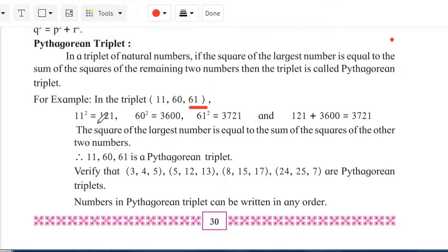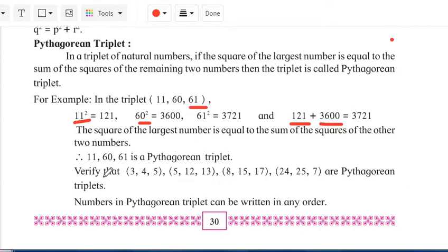Then 11 square is 121, 60 square is 3600, and we have to add these two, that is 11 square plus 60 square. 11 square is 121, 60 square is 3600, and this comes to be equal to 61 square, and therefore the square of the largest number is equal to the sum of the squares of the other two numbers, and that means 11, 60, 61 is a Pythagorean triplet.